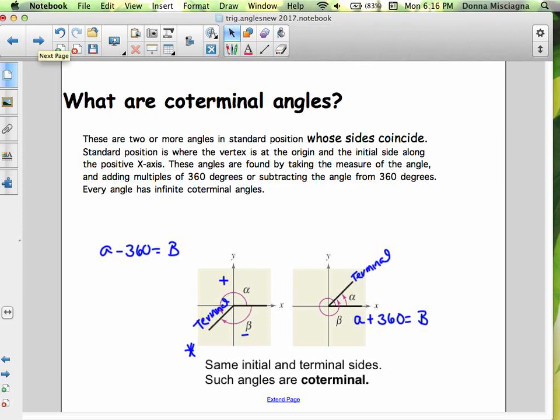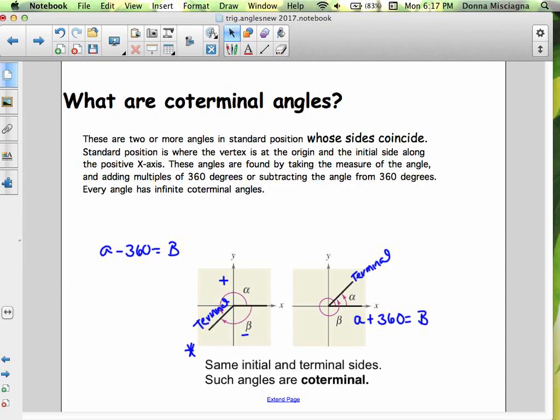So coterminal angles are two or more angles in standard position whose sides coincide. Standard position is where the vertex is at the origin and the initial side is along the positive x-axis. These angles are found by taking the measure of the angle and adding multiples of 360 degrees or subtracting multiples of 360 degrees.